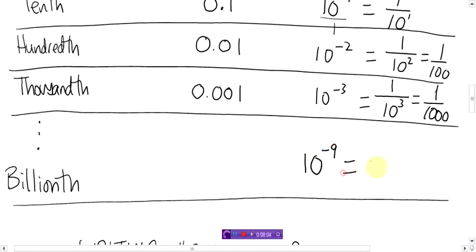You could write it as 1 over 10 to the power 9, and I'm not going to do the whole times 10 by 10, but basically that would be 1 over a billion. And I showed you before how to write a billion. 9 zeros. How would you write a billionth? Well, 9 zeros.